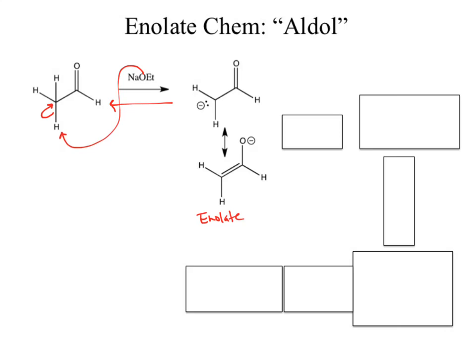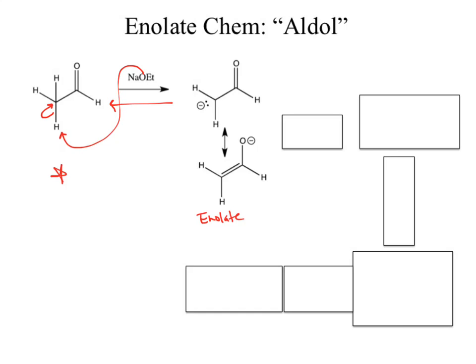Okay? And in fact, when it comes to this type of chemistry, with this base, we see a large preference for the starting material. Okay, so if we were asked to decide between these two, what was our answer? It's our starting material. Okay? But there is a small concentration of the enolate present.